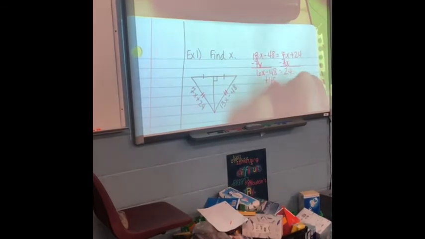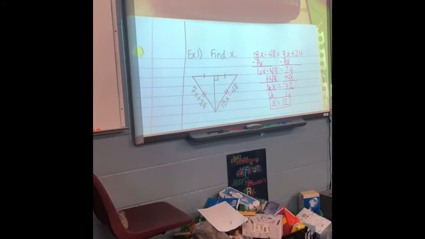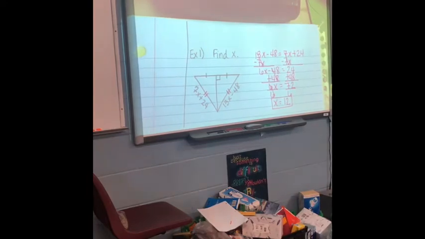I'm going to add 48. Y'all don't need those stinking calculators for these numbers. I get 6x equal to 72. And when I divide by 6, I get x equal to 12. And that's what they were asking me for on that one, right? Questions?